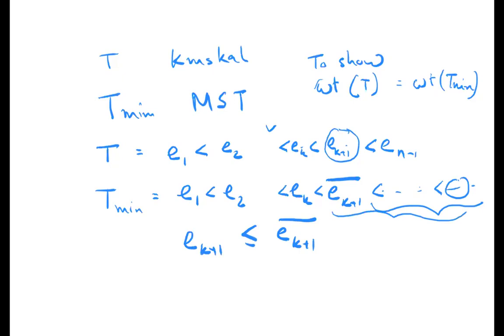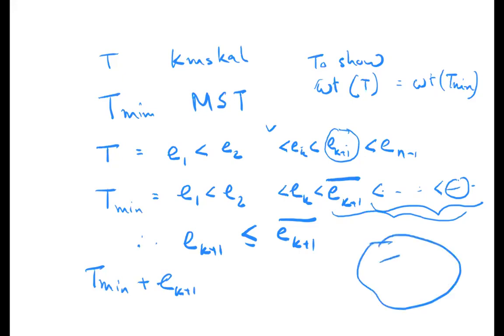Good. Now, what can we do? Consider this T mean and add the edge EK plus 1. So I add this edge, and I will produce a cycle in this graph, so I should remove some edge.